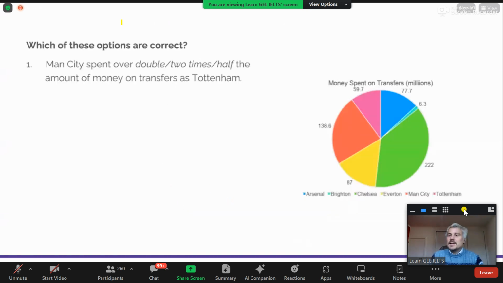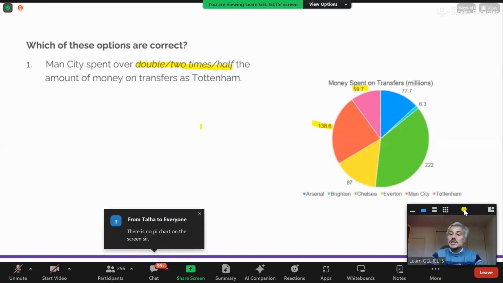Let's look at sentence number 1 and choose the correct words. Manchester City spent over the amount of money on transfers as Tottenham. Which words here are the best words to complete sentence number 1? Type the best word in the chat box, please.